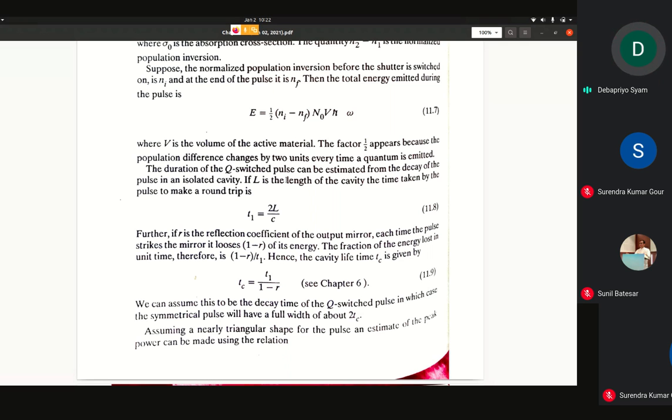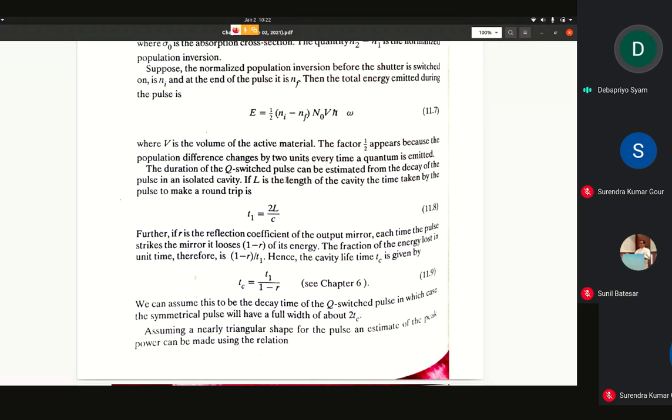So the amount of energy lost per second is (1 minus R) by T1. The mean life of the time over which radiation takes place is the inverse of that, that is T1 by (1 minus R). So this is a very approximate formula. You can say that the mean life is something like T1 by (1 minus R).